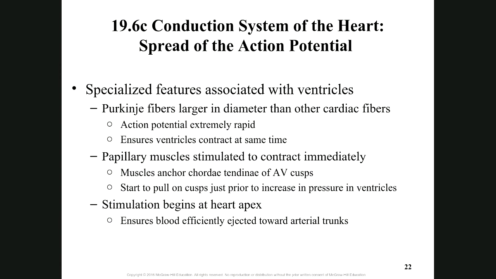So when we have any problem with papillary muscle contraction or chordae tendineae deficiency, the valve cannot close completely and we have regurgitation of blood from the ventricle to the atria. We don't want it. The other very important feature is that stimulation begins at the heart apex, and it ensures blood is efficiently ejected toward the arterial trunks.